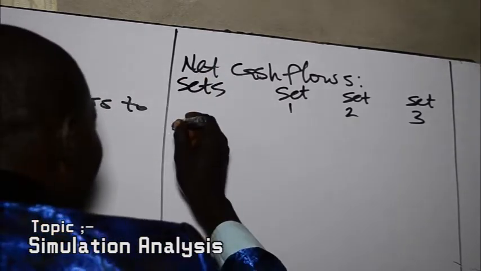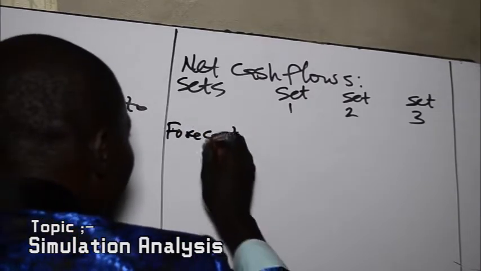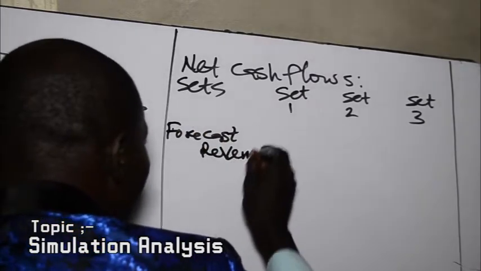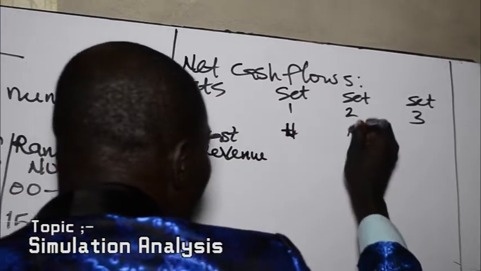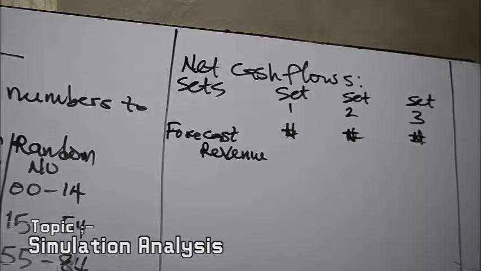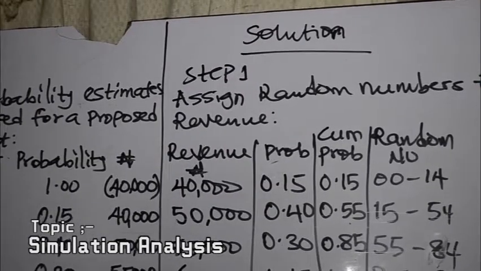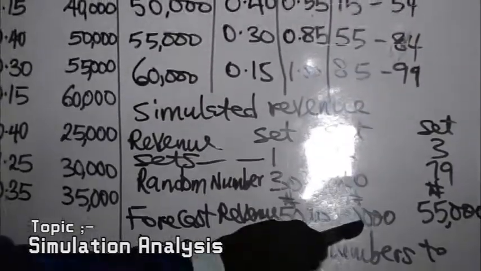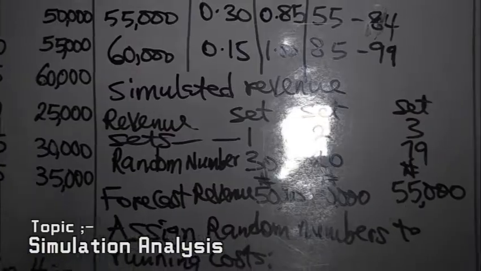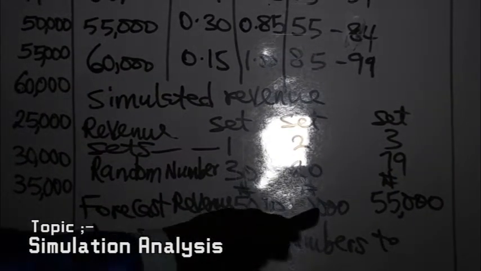So we have forecast revenue. Our forecast revenue is 50,000, 50,000, and 55,000.